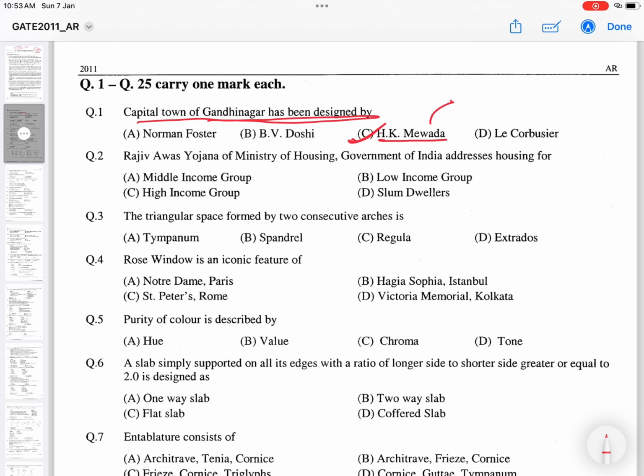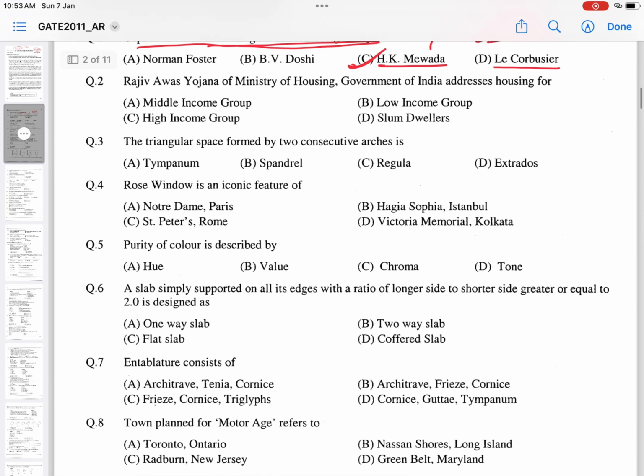This is very simple, and his assistant planner was M. Prakash Apte. Okay, if there is this question H.K. Mewada and M. Prakash Apte, then you can just put this one. Else, Le Corbusier is involved in the planning of Chandigarh. I have told you in many of my videos, and these two are not that important.